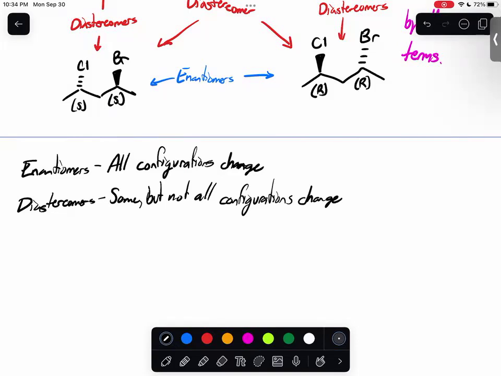Now, one thing I want to make very obvious for everyone is that remember that these are just stereoisomers. Not everything is a stereoisomer. Okay? Some things can be constitutional isomers. You have to keep these things in mind. And we're going to do a whole lecture about relationships between things in just a little bit. But just keep these things in mind when you're looking at this is that these two terms only refer to stereoisomerism.